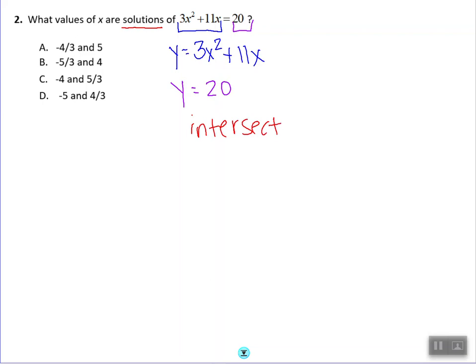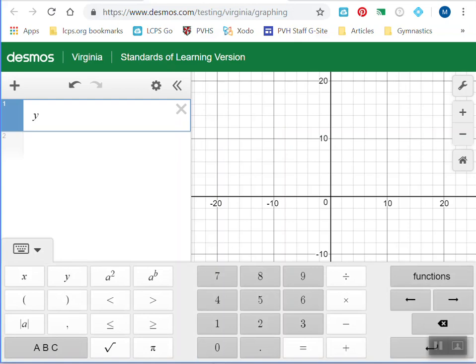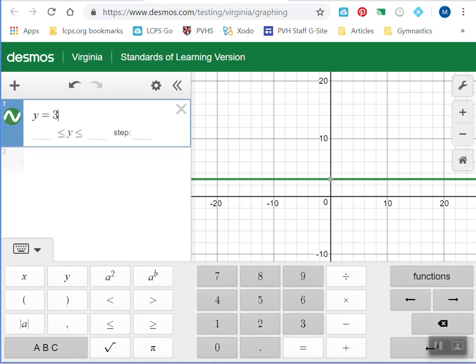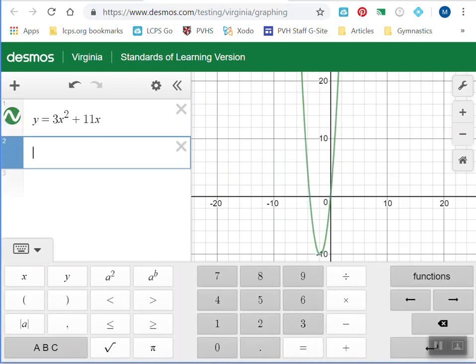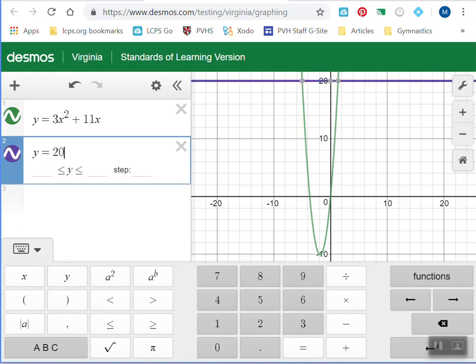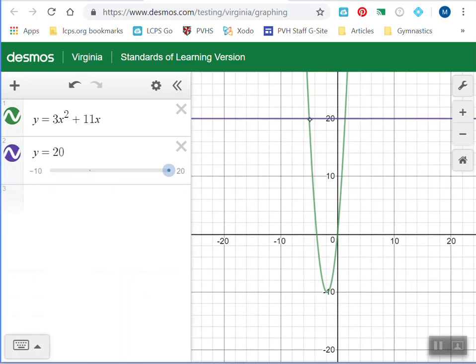This is the same way that we solved linear equations. So let's go to Desmos and type in our equations. We need to make sure that we can see where these two graphs intersect.